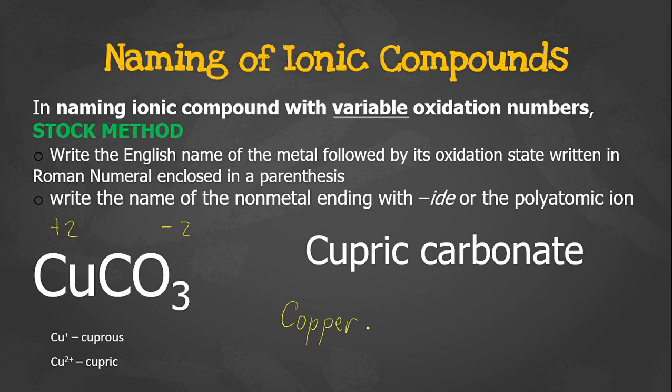That is its English name. Copper. But we are going to indicate the oxidation state. The oxidation state is its charge too, and its oxidation state is +2. How do we write it? In Roman numeral enclosed in parentheses. Okay? So, 2, then we enclose it in parentheses.